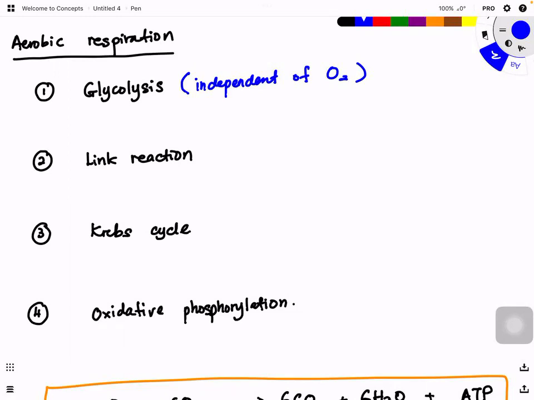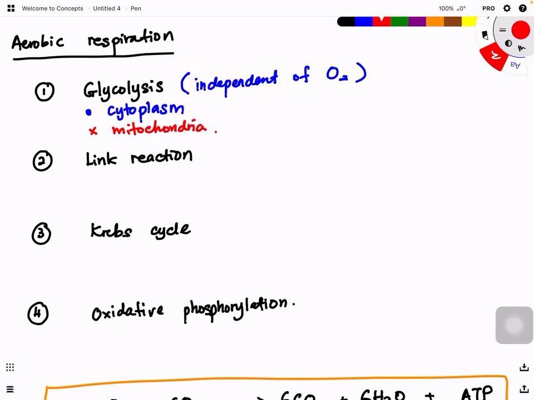Whether O2 is there or not won't affect glycolysis. This glycolysis takes place inside the cytoplasm, so nothing to do with mitochondria. Whether mitochondria is there or not, glycolysis will continue to take place, okay?